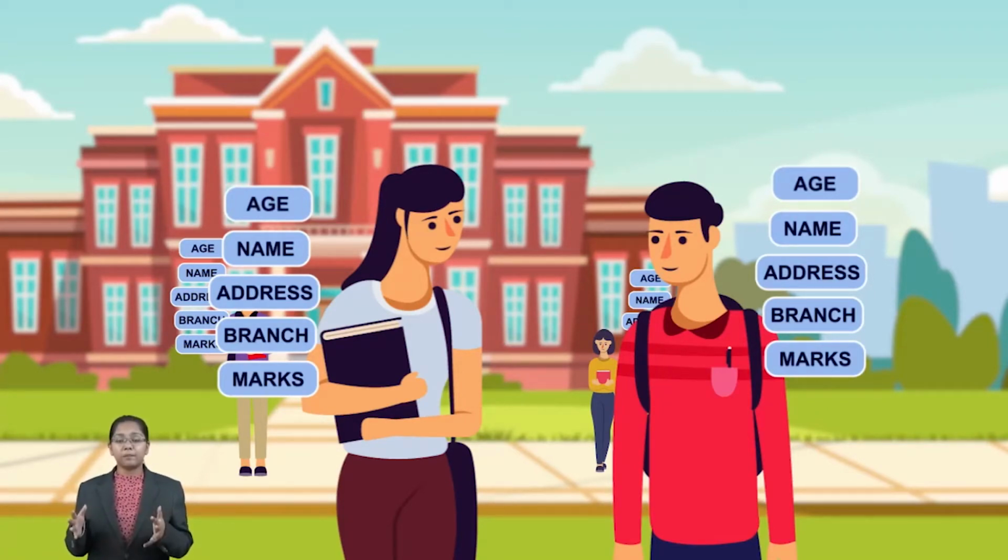So here what is happening, for each and every student I know that the parameters are the same, but still I have to change the variable names for each and every student, right?